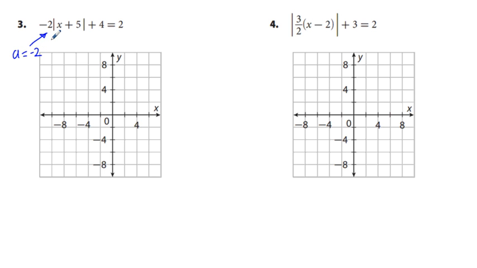So we're going to be turning an absolute value graph upside down and then stretching by a factor of 2. And we're going to have h equal to negative 5, since we have x plus 5, and k is equal to 4.